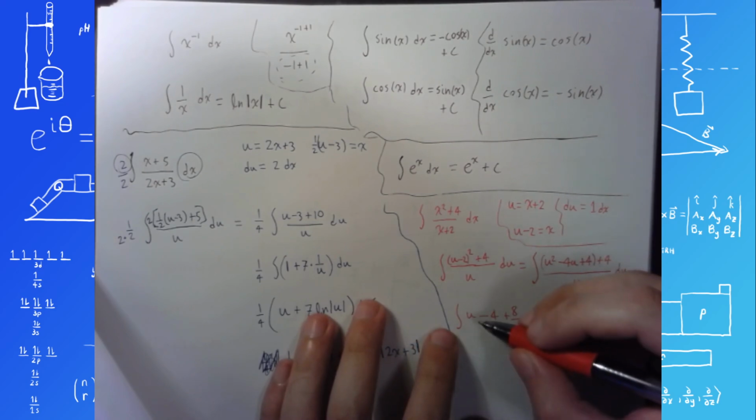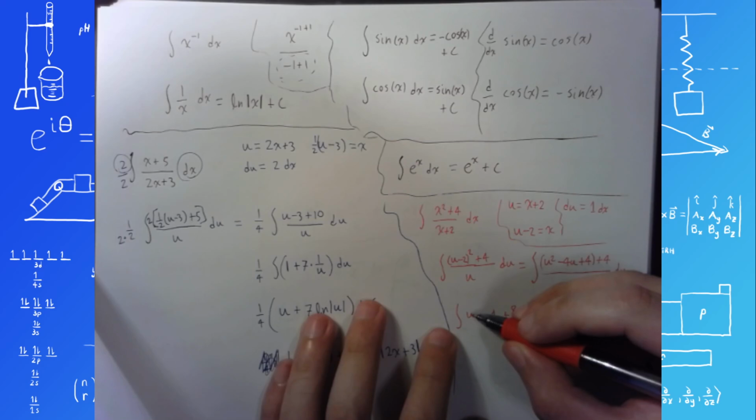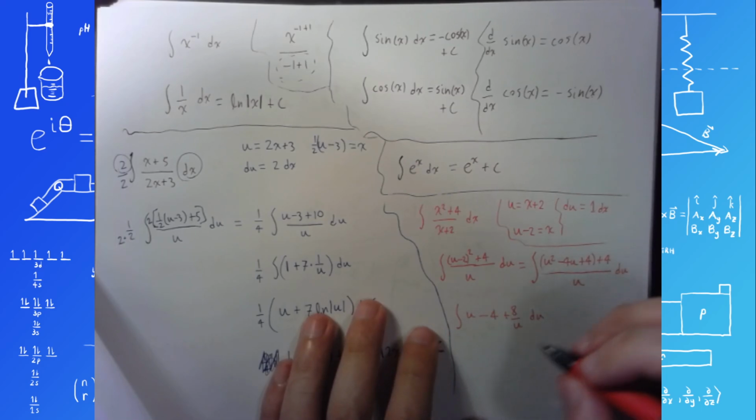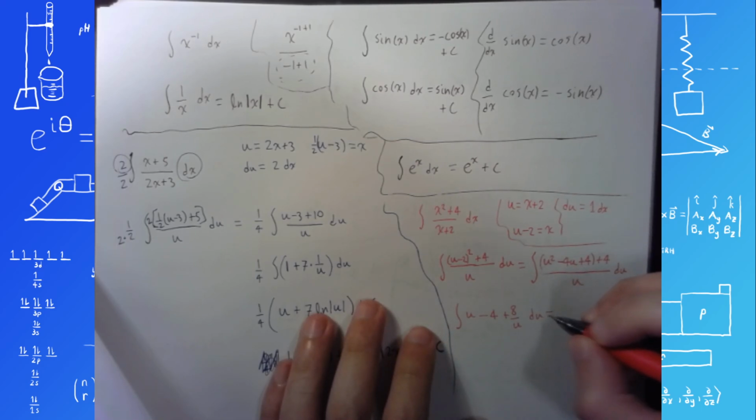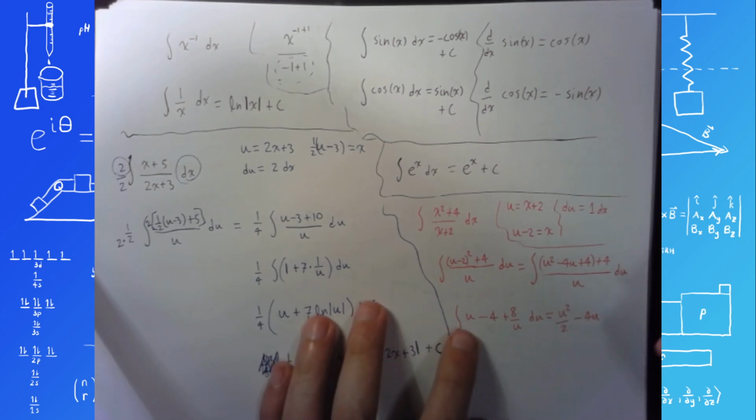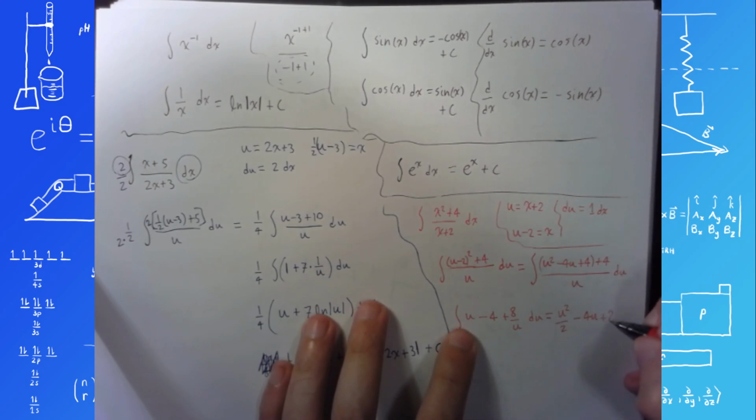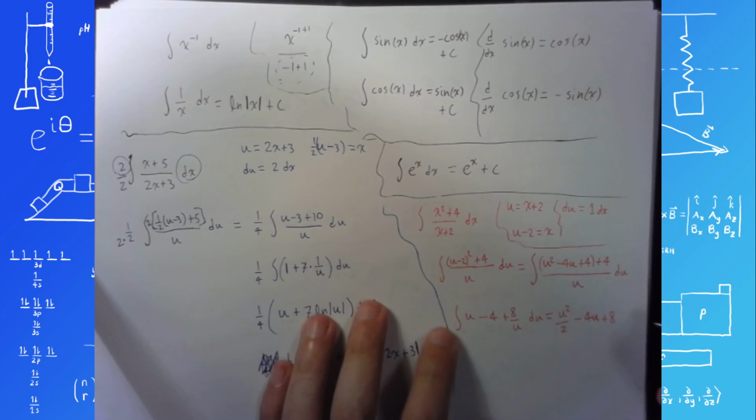Integral of u to the 1 is u to the 2 over 2, so that's u squared over 2, minus the integral of 4, which is 4u, plus 8 times the integral of 1 over u, which is natural log of the absolute value of u.